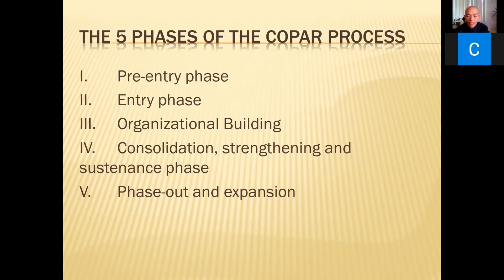Consolidation, strengthening, and sustenance phase is retaining or running the programs in the community that you have implemented. Phase out and expansion is basically when you pull out from the community and when you're going to endorse, when you're going to make sure that the activities continue even though your group is not there already. For today, we are going to focus on the first phase, which is the pre-entry phase.